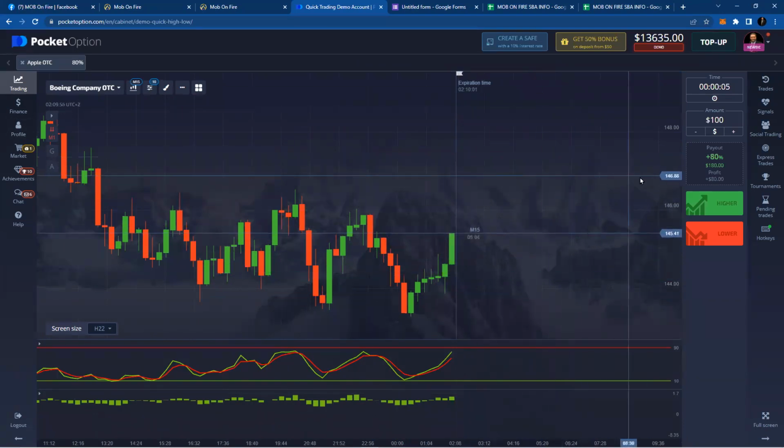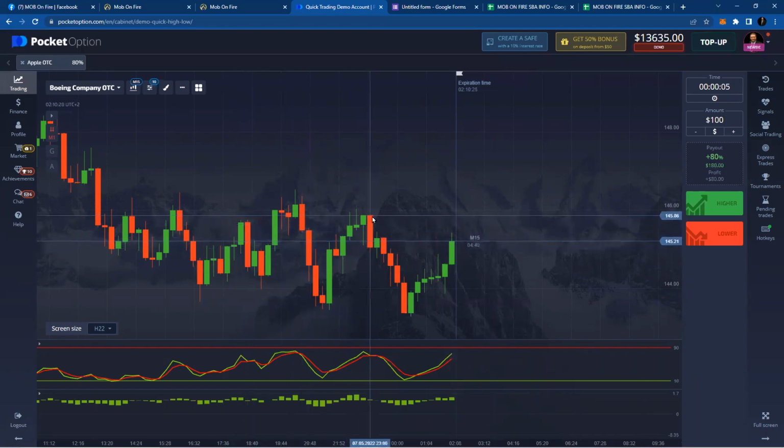When we do a trade, we're going to get a percentage back. Right now, this is paying 80%. So if we do a $100 trade, when we get the $80 back, we're going to get a total of $180. Now, to aid us in forecasting this, we're going to use indicators.